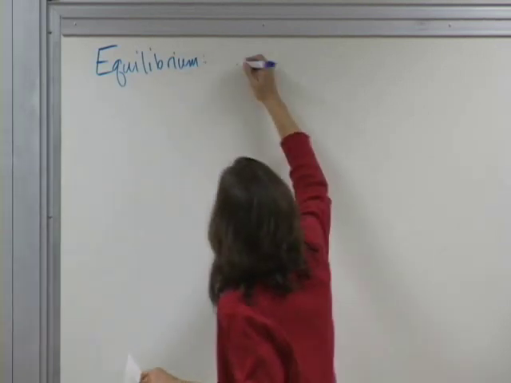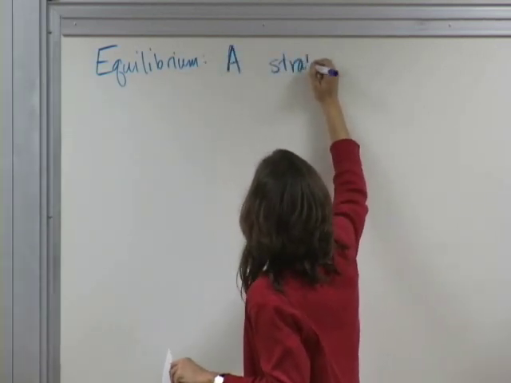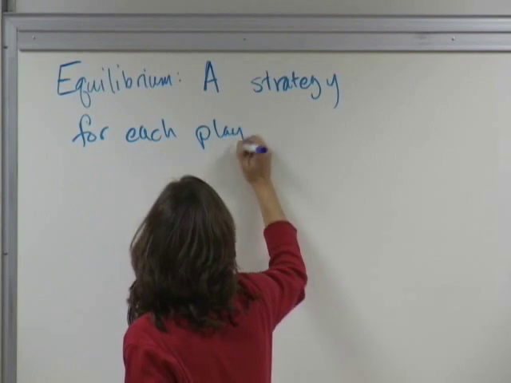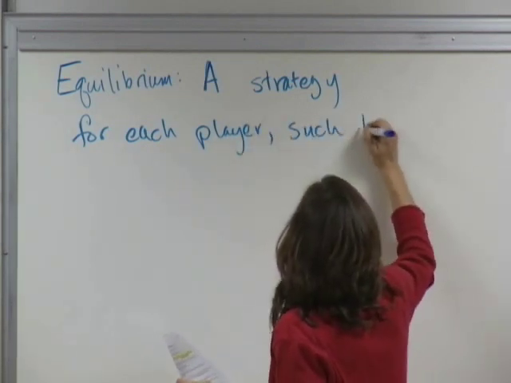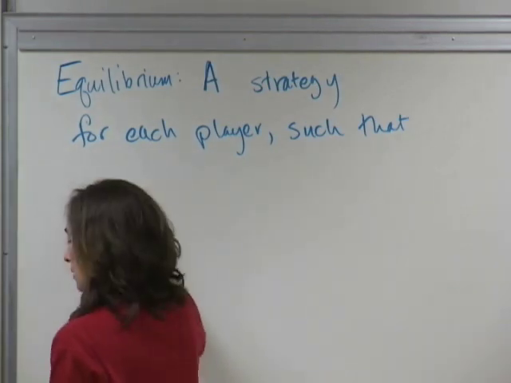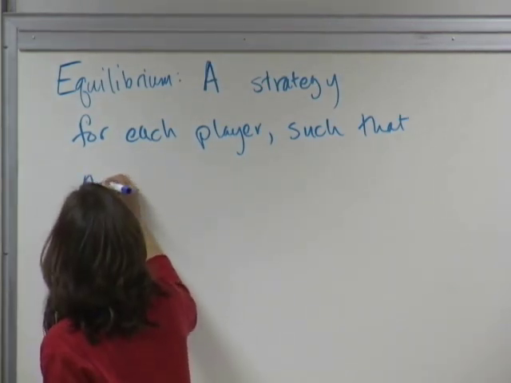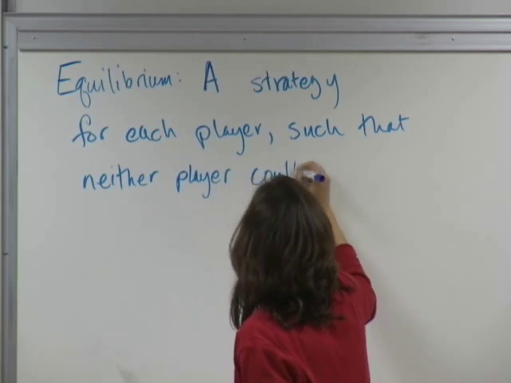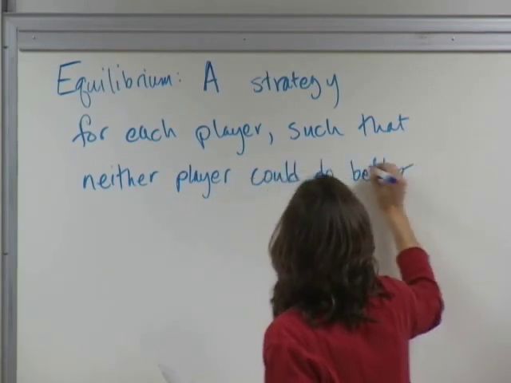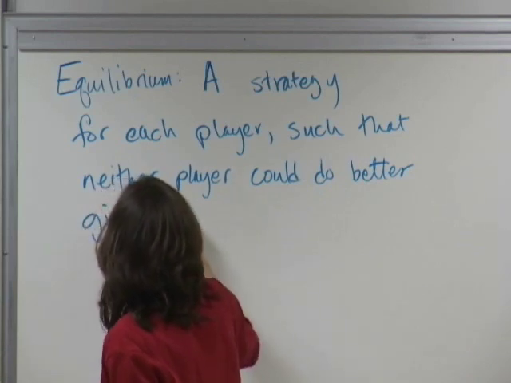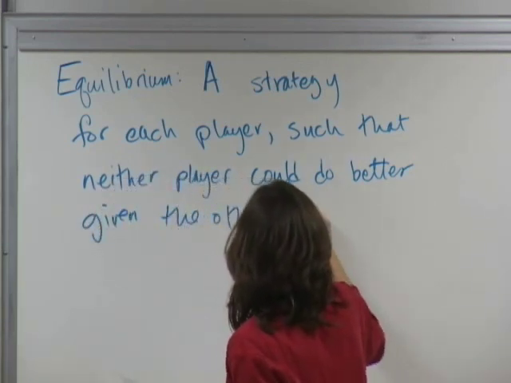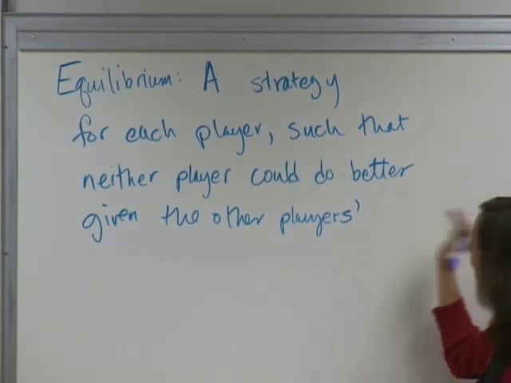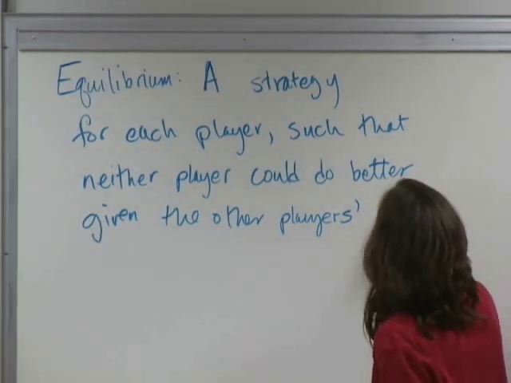Equilibrium is a strategy for each player such that neither player could do better given the other players' strategies, however many players there are, one other, many other.